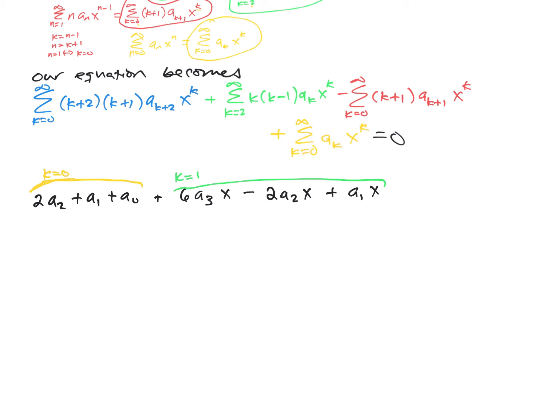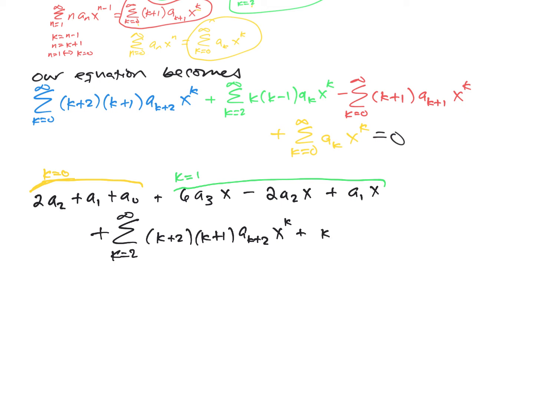And lastly, now we can combine everything else together, and then I'll simplify a little bit more. So now we have all the terms from k equals 2 on. So we get the blue ones, k plus 2, k plus 1, a k plus 2, x to the k. I guess I could have still been color coding this, but I didn't.